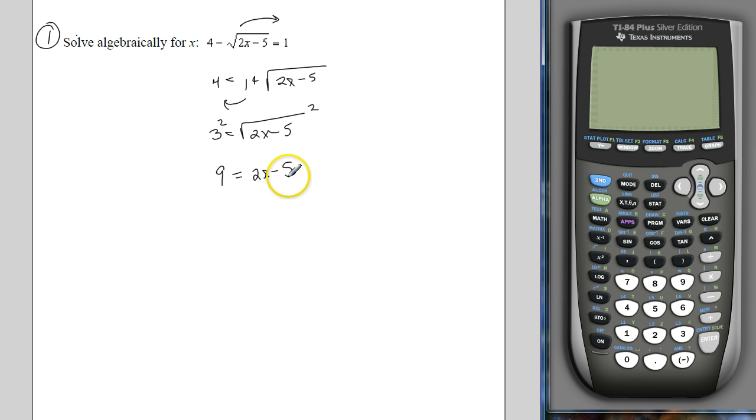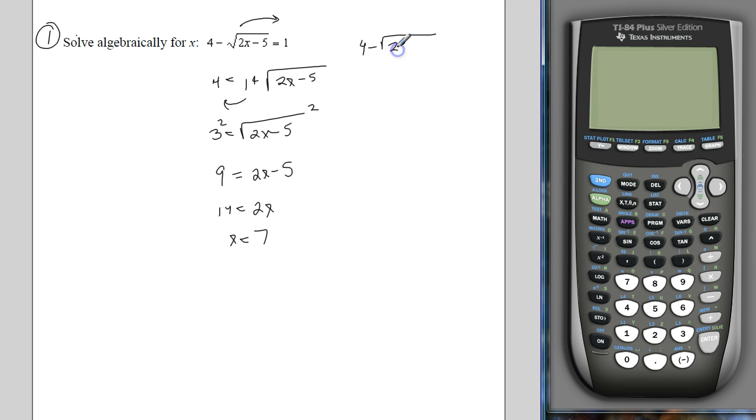And what we're going to do now is solve it. Move the 5 over, add 5, so I get 14 equals 2x. Therefore, x equals 7. And I can check this. Remember, I don't want imaginaries on the inside, and this can't equal a negative number. So let's check. If I plug in 7 upstairs, does it work?